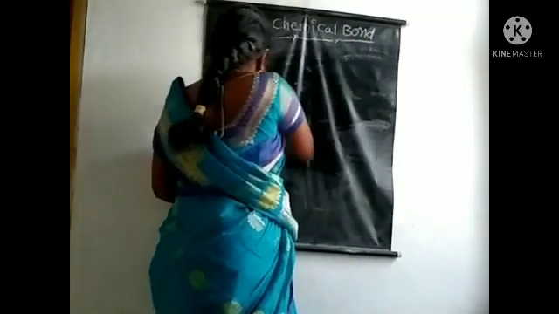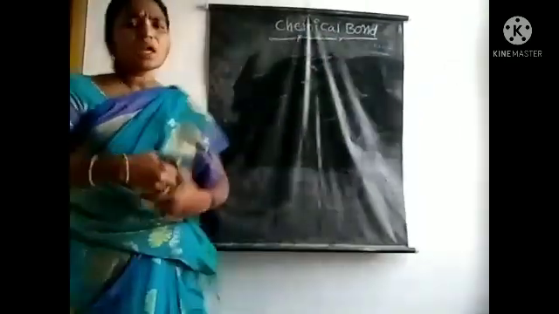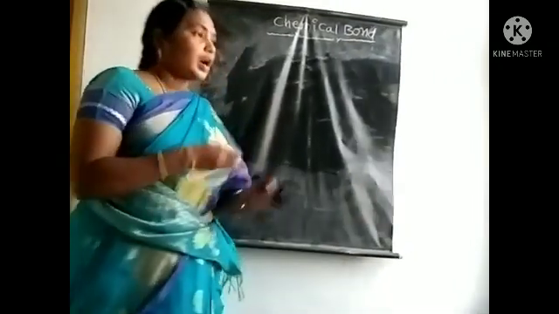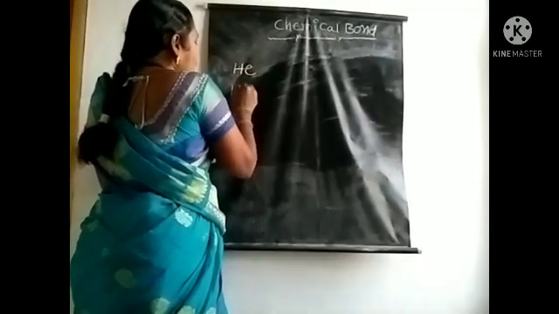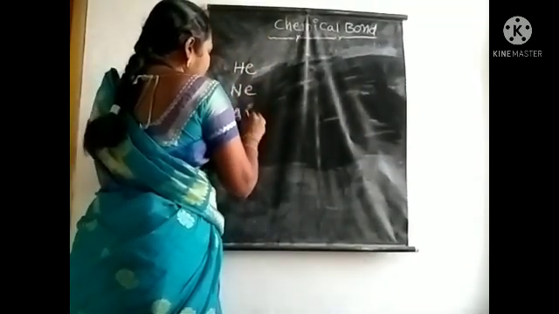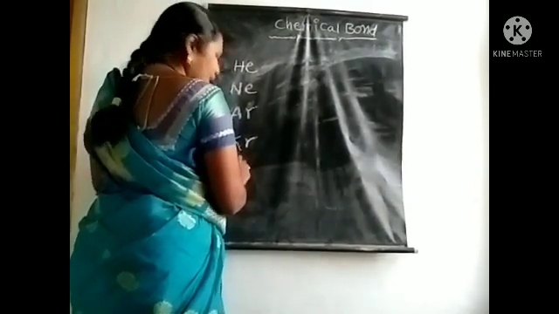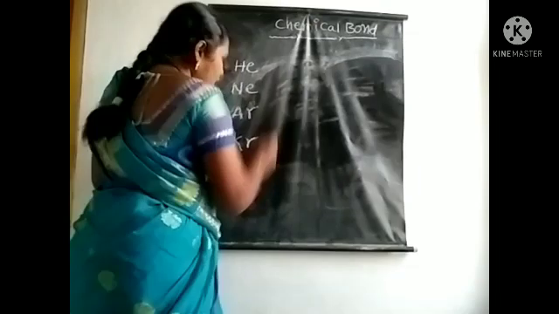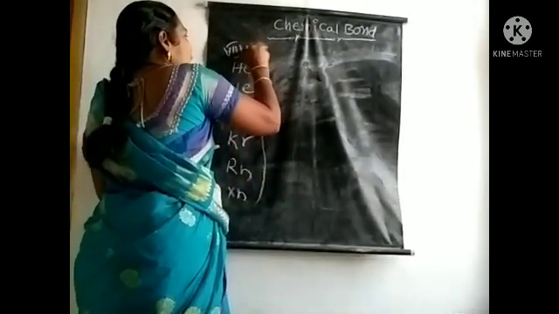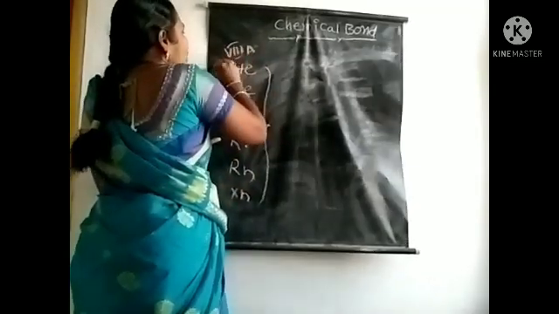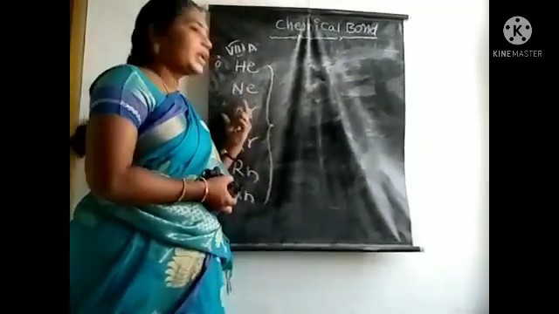Okay. Observe the configuration of some atoms: helium, neon, argon, krypton, xenon, radon. These are all 8A group elements, or zero group elements. These are known as noble gases or inert gases.